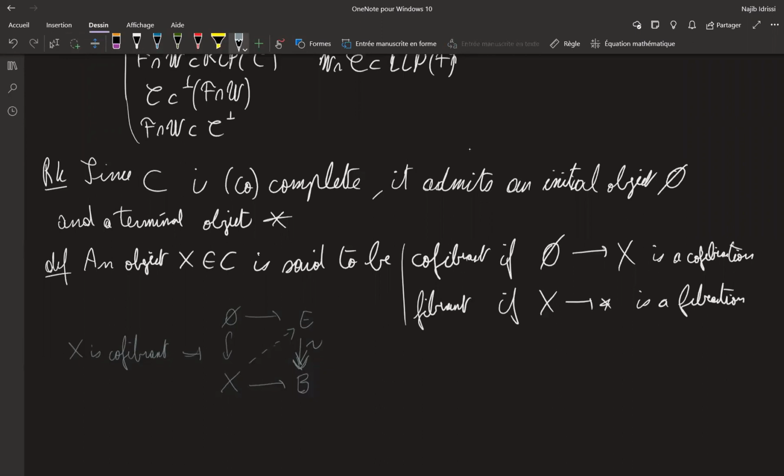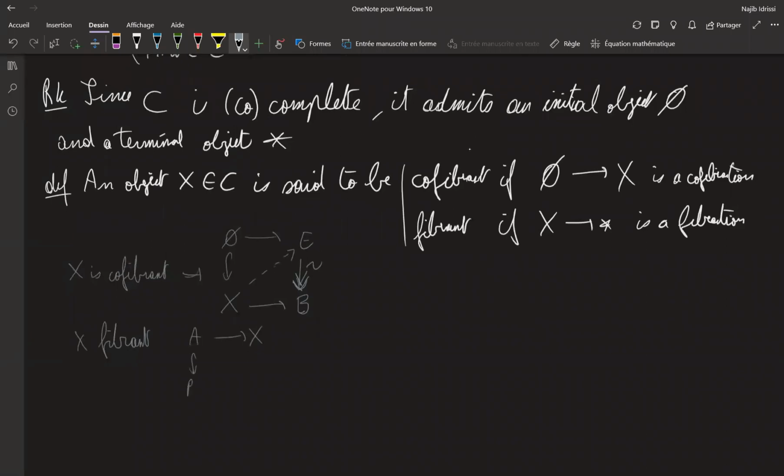And similarly, if X is fibrant, then whenever you have a map into X and you have an acyclic cofibration into something, then you can extend your map to X. Because implicitly in this diagram, you always have a map to the terminal object.